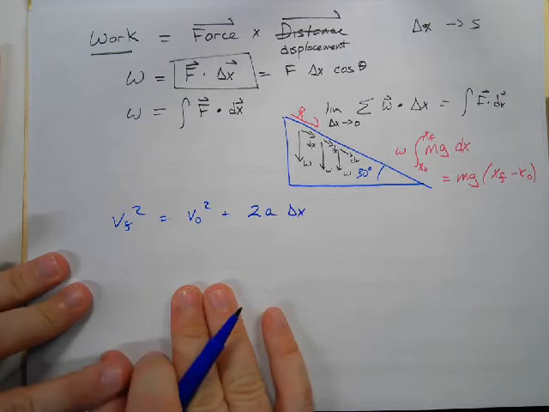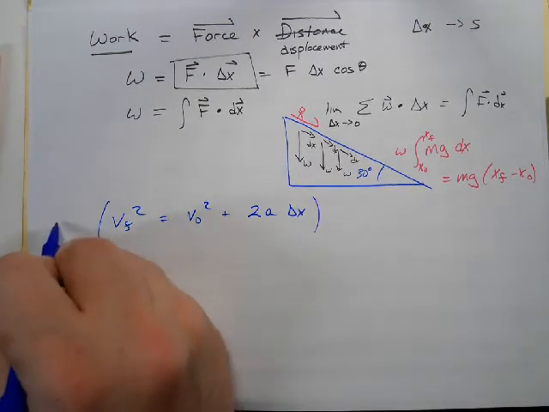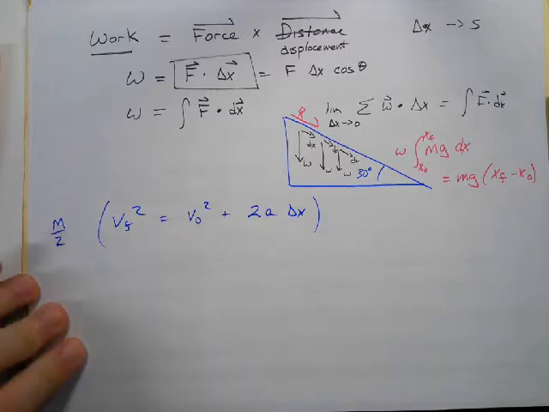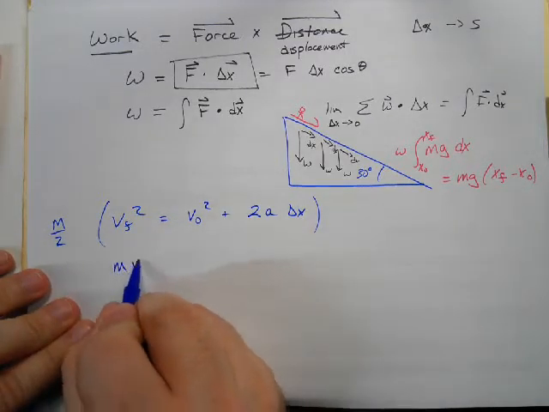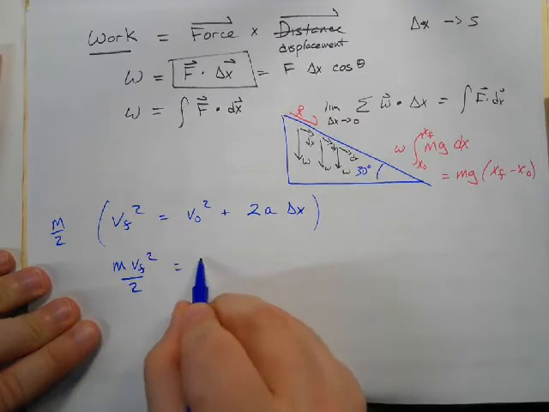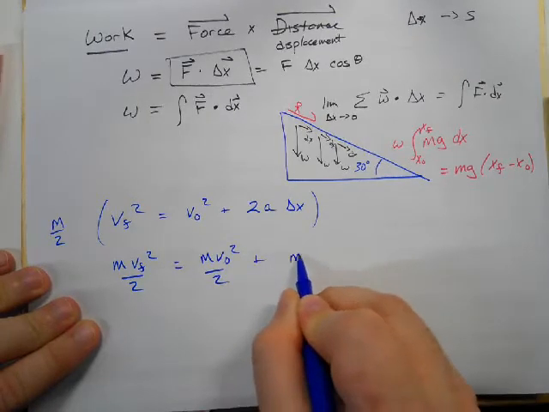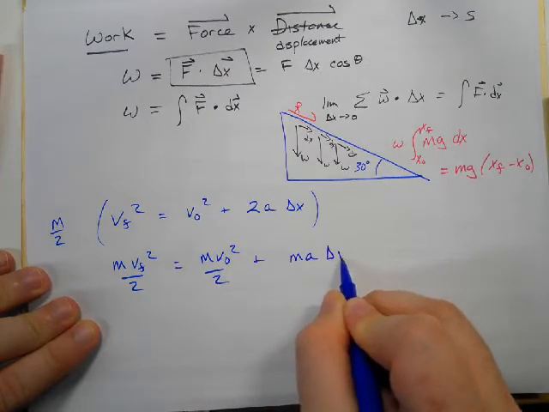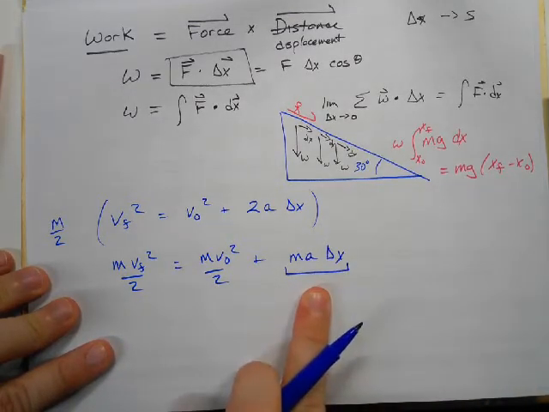And I'm going to take this whole thing and multiply by m over 2. So what we'll have is m v final squared over 2 equals m v initial squared over 2 plus ma delta x. And in this bit, I'm going to isolate.